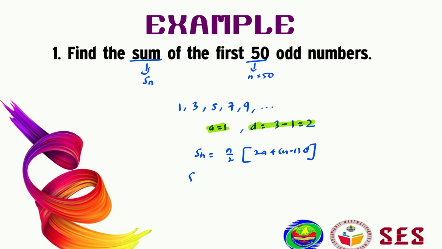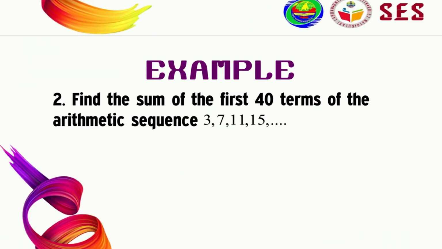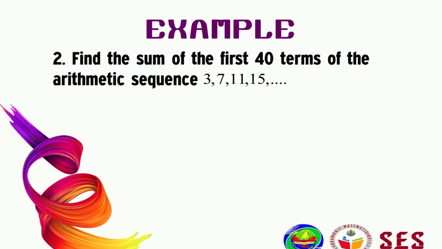So we have S50 equals 50 over 2 times (2 times 1 plus 49d), and our d is 2 in this particular case. When we calculate this, we should get the final answer equal to 2,500.